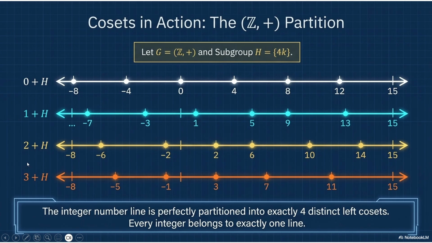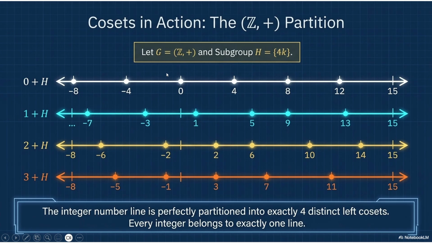When I take 2, the coset formed is 2 added to 0 is 2, 2 added to 4 is 6, 2 added to 8 is 10, etc. If I take 3, then the coset formed is 3 added to 0 is 3, 3 added to 4 is 7, 3 added to 8 is 11, etc. So these are some of the cosets of group G.